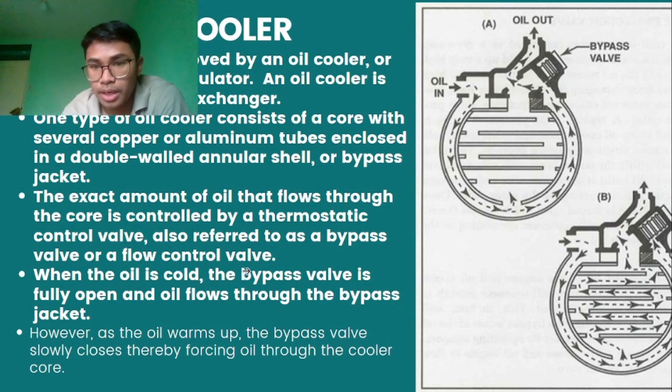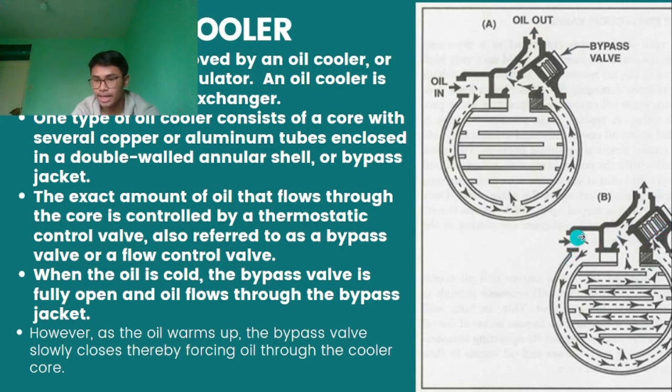So, kung makikita nyo itong diagram nito, so the oil in, dito sa ilalim, ang mga dumadaloy dyan is the cold oil. So, since ito, nalaman na ng bypass valve na malamig yung oil, pinapa-flow niya lang. And if hindi, kino-close niya yung valve.